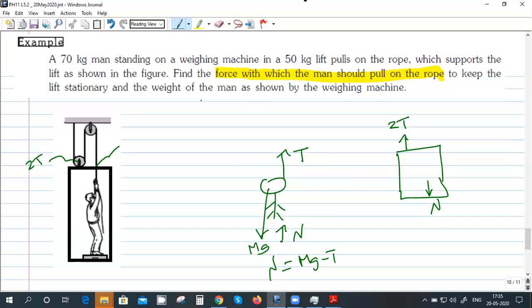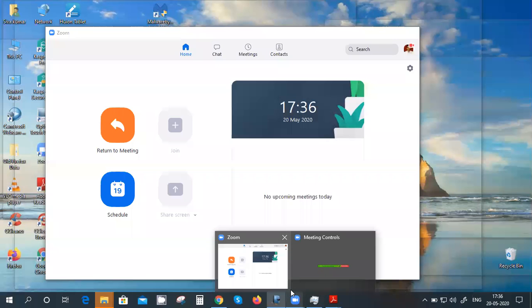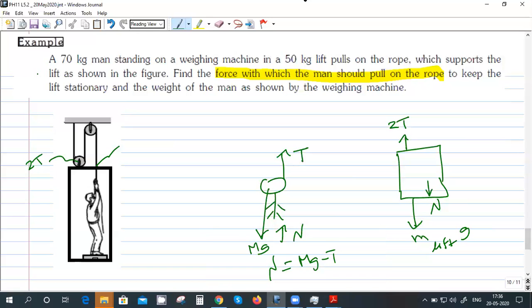Okay, there's one more force missing here, which is the mass of the lift, right? 70. No, the lift has lesser weight, 50. Yeah, sorry, 50. This is also not correct, but anyway, it's given in the problem like that. Okay, so now you have to get the answer.